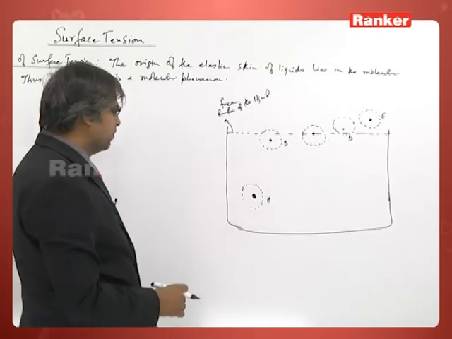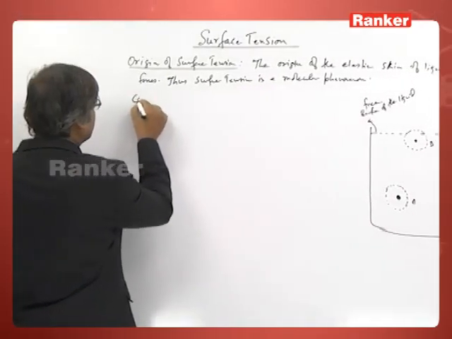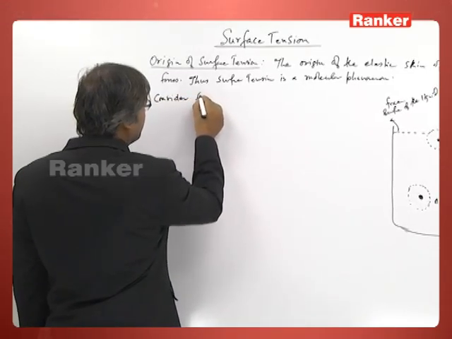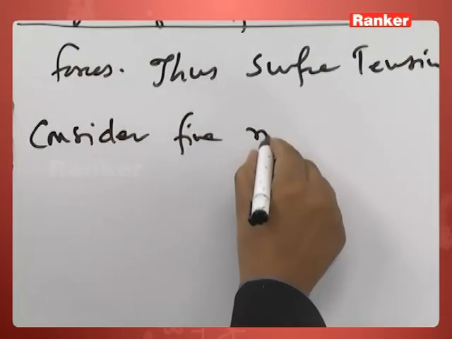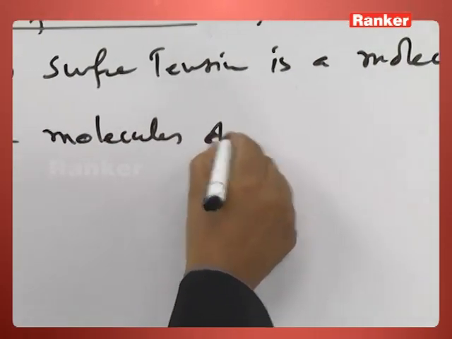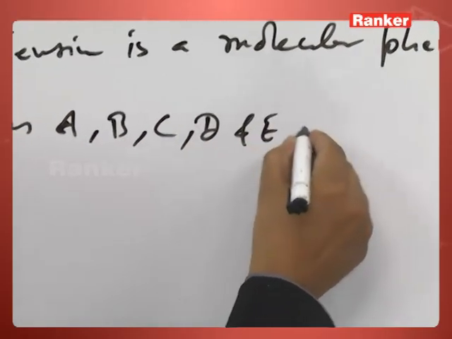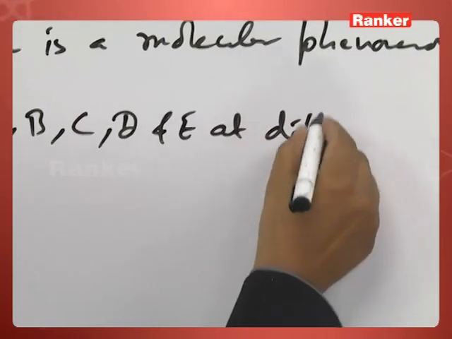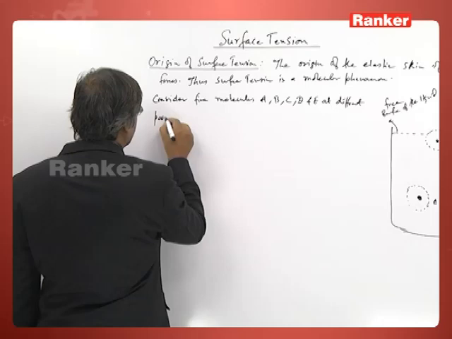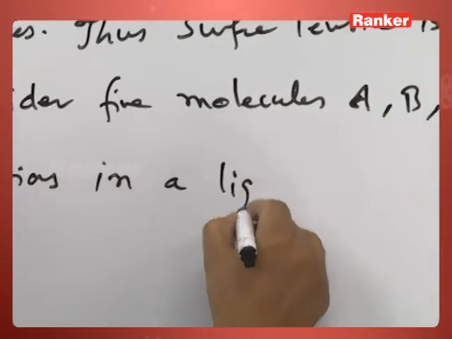So, now consider 5 molecules A, B, C, D and E at different positions in a liquid.